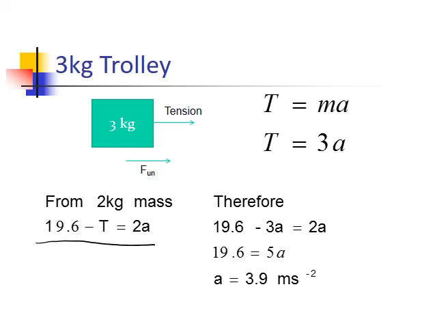We've now got that T is 3a. So we get 19.6 minus 3a equals 2a. If we move across the 3a, we end up with 19.6 is 5a, and we work out the acceleration 3.9 meters per second squared.